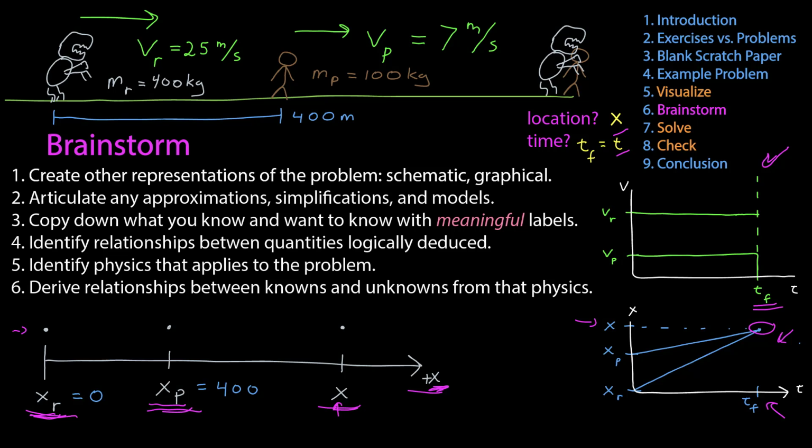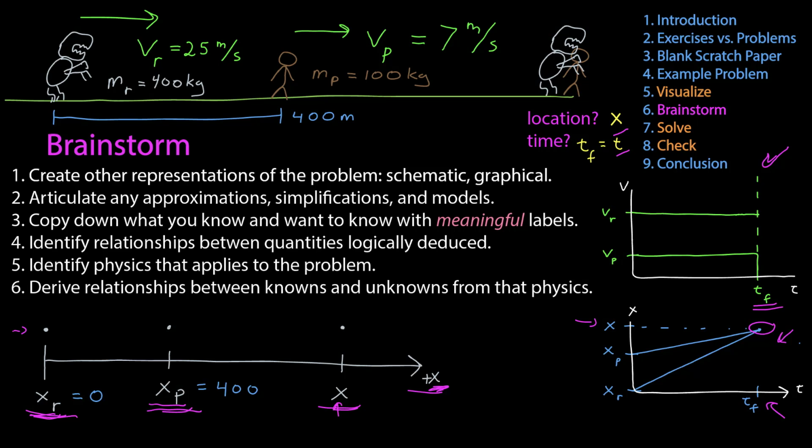Identify relationships between quantities logically deduced. For example, if you have an ideal rope connecting two objects that is 5 meters in length, there will always be a separation of 5 meters along the length of that rope between those two objects. For example, we deduced logically from the context of the problem that when the raptor catches the person in the particle model, that means they are at the same position in space.